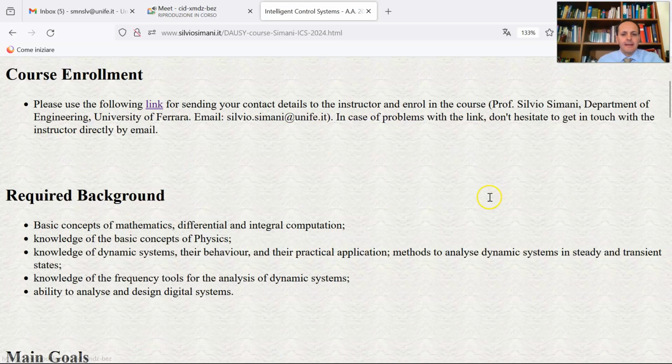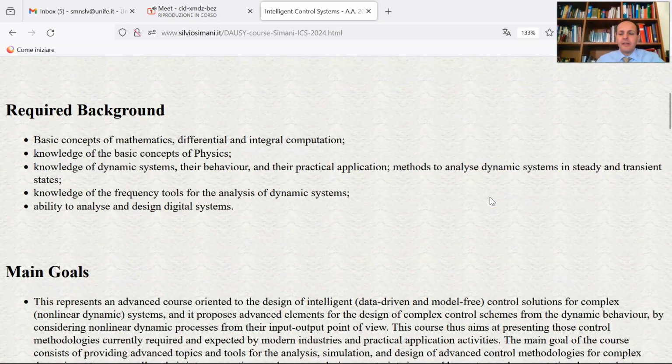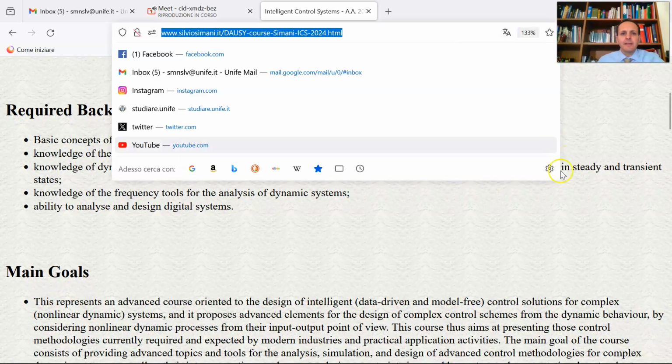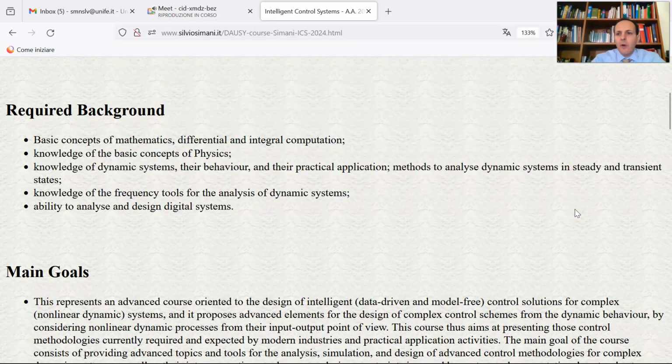I reported here in the page. You have here the link, the complete link. I'm assuming that you are familiar with what are, I think, normal requirements. So the basic concepts of mathematics, differential and difference equations, and integral computation.